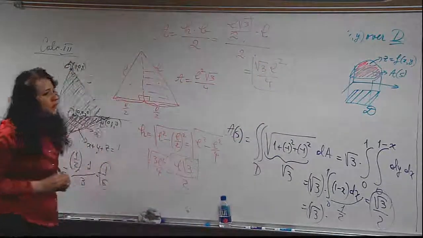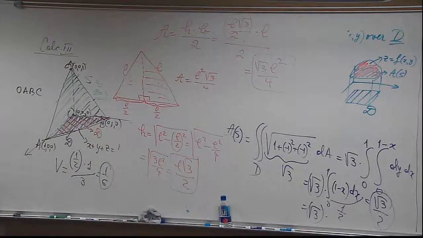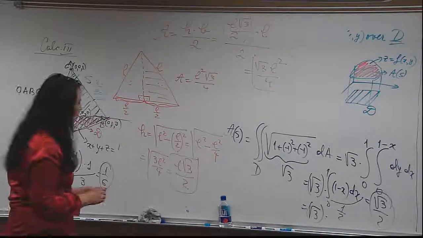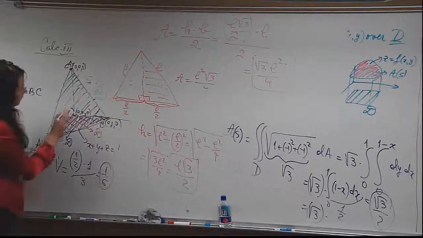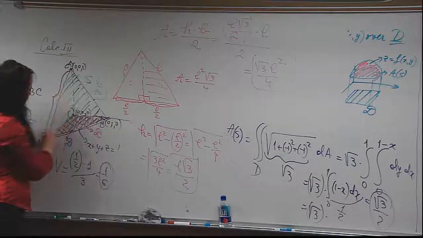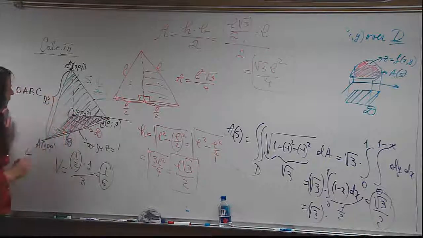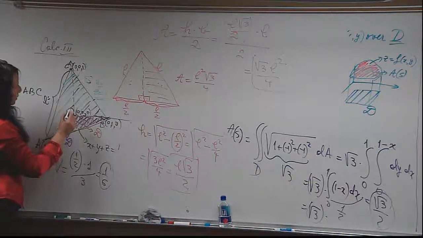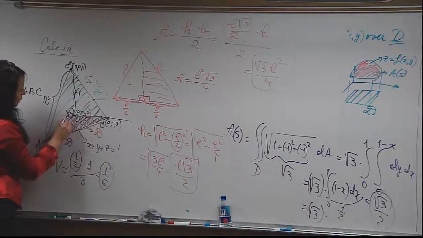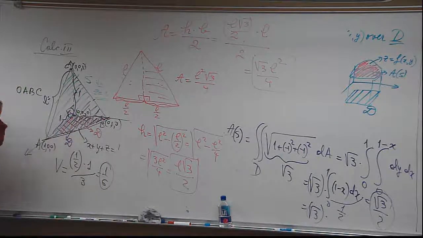So many people, when they were young, had to learn it in 7th grade by heart. Now, in our case, it should be a piece of cake. Why? Because we know who L is. L is going to be the hypotenuse. We have here a 1 and a 1, a 1 and a 1.